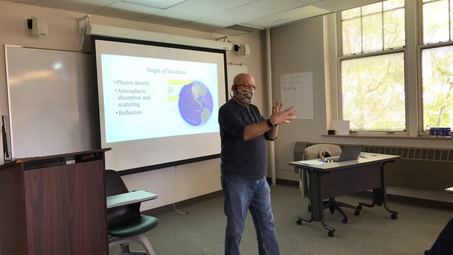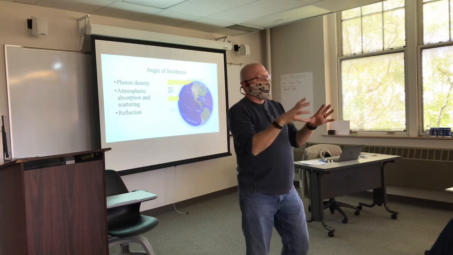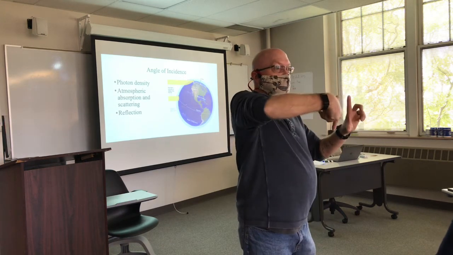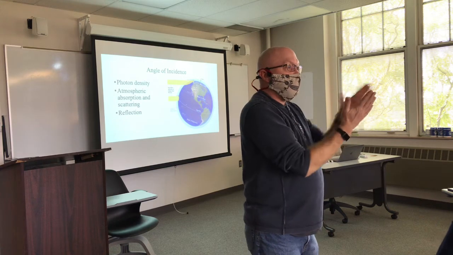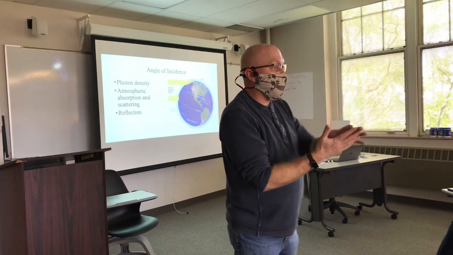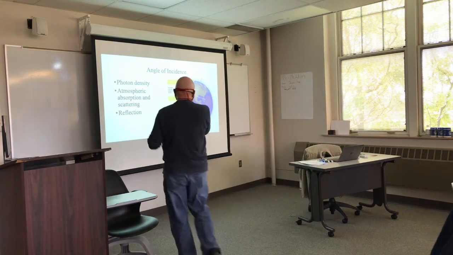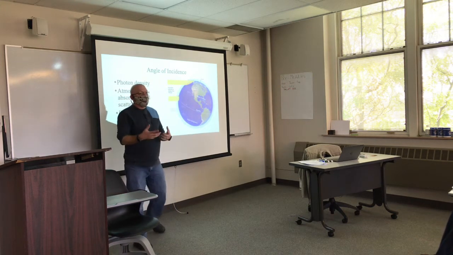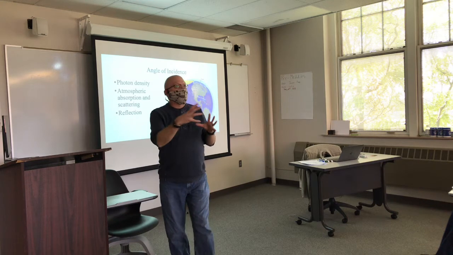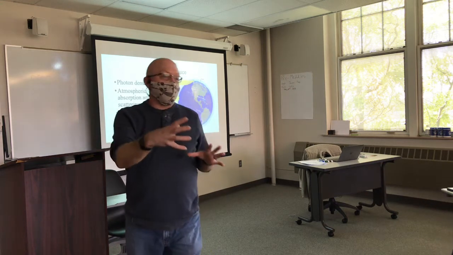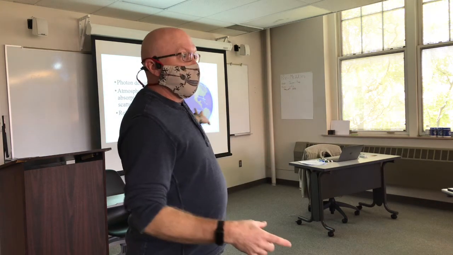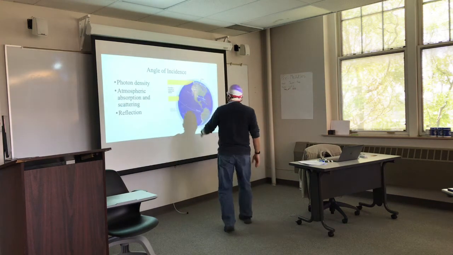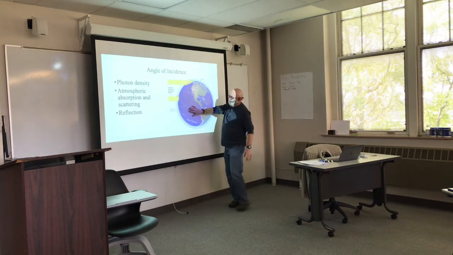So when it hits the surface of the Earth, the actual number of photons per area of Earth isn't the same as it is flying through space, because it gets spread out across the curved surface of the Earth. So at higher latitudes, whether it's north or south, you have less sunlight because the total density of photons is fewer. What else is happening to light as it goes from space down to the surface of the Earth?